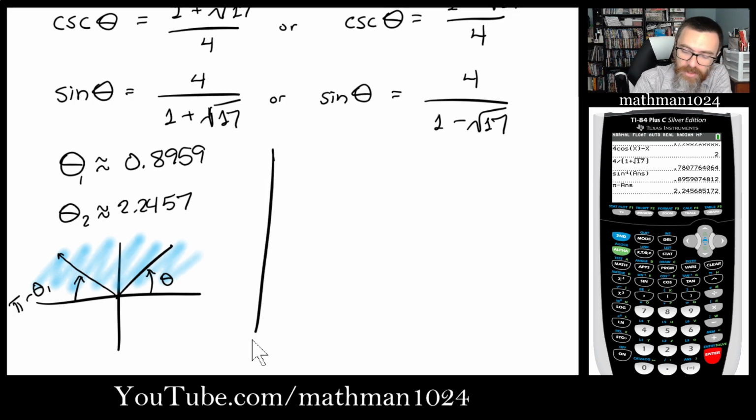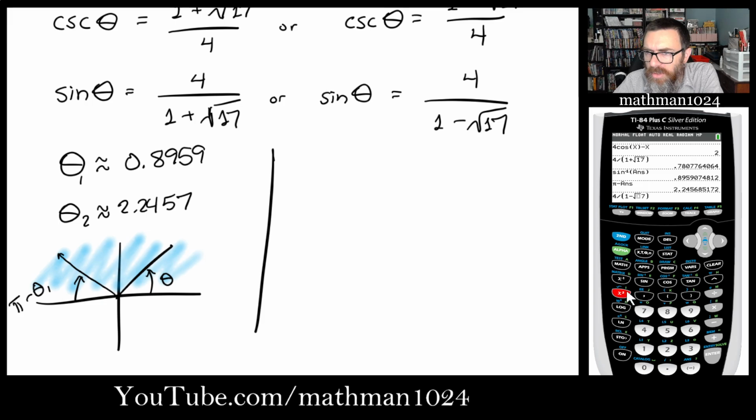Now, for this other part here, I've got to do 4 divided by the quantity 1 minus the square root of 17. What did I do? Oh, I think I know what I did.